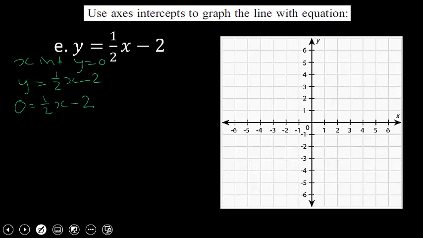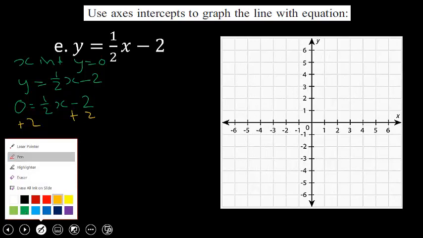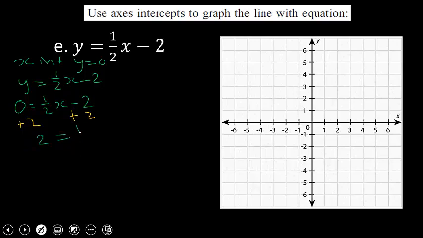I'm going to take the 2 over, so I'm going to say plus 2 on both sides. 2 equals 1 over 2x. Then I'm going to multiply by 2 on both sides to get rid of that 2 on the x. So 4 equals x. My coordinate is going to be 4, 0. Right over there.